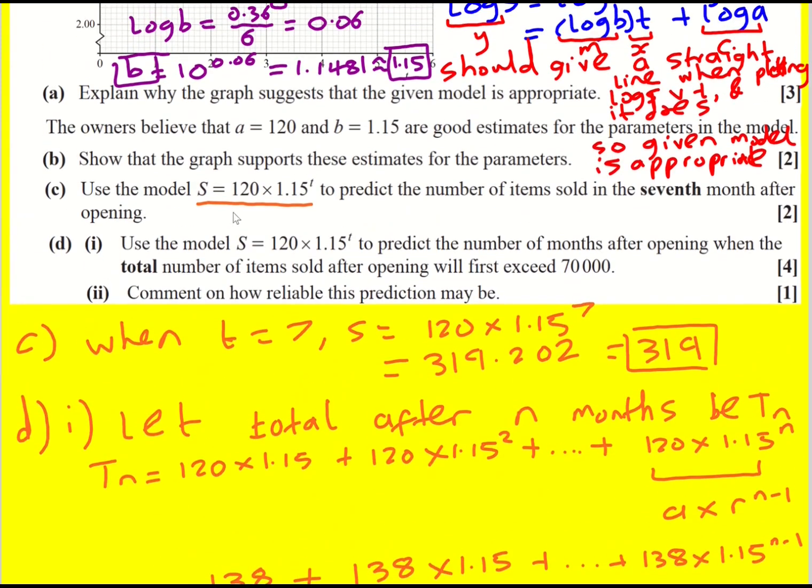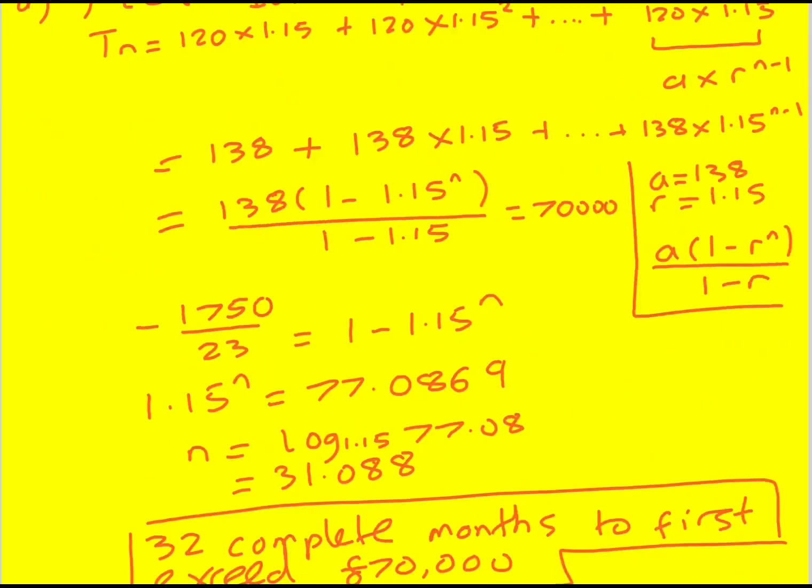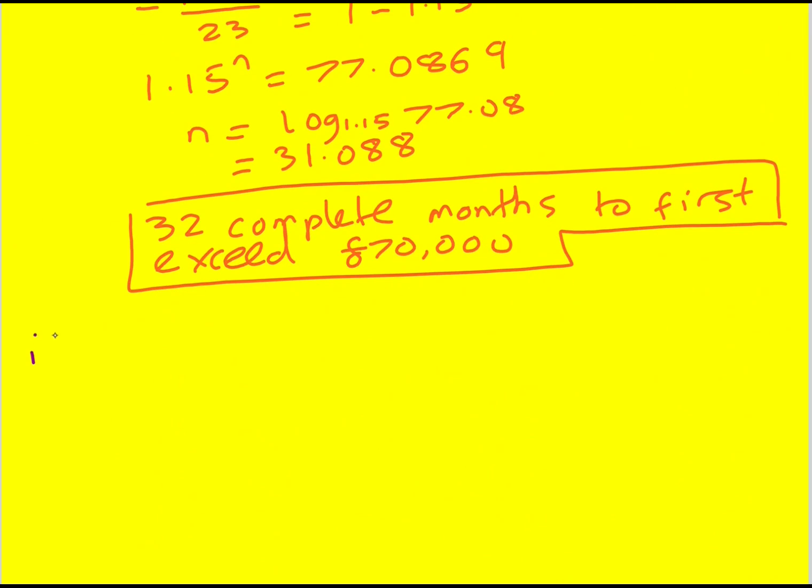Finally, we're asked to comment on how reliable this prediction may be. So we know the data is reliable for the first 6 months, but it doesn't mean it's going to be reliable after that. That's extrapolation and it's always considered to be unreliable. So I said not reliable.